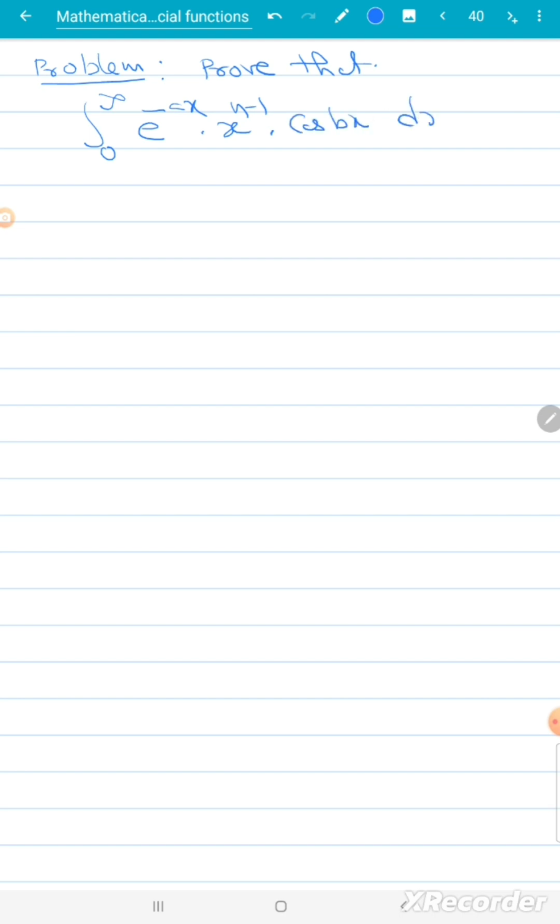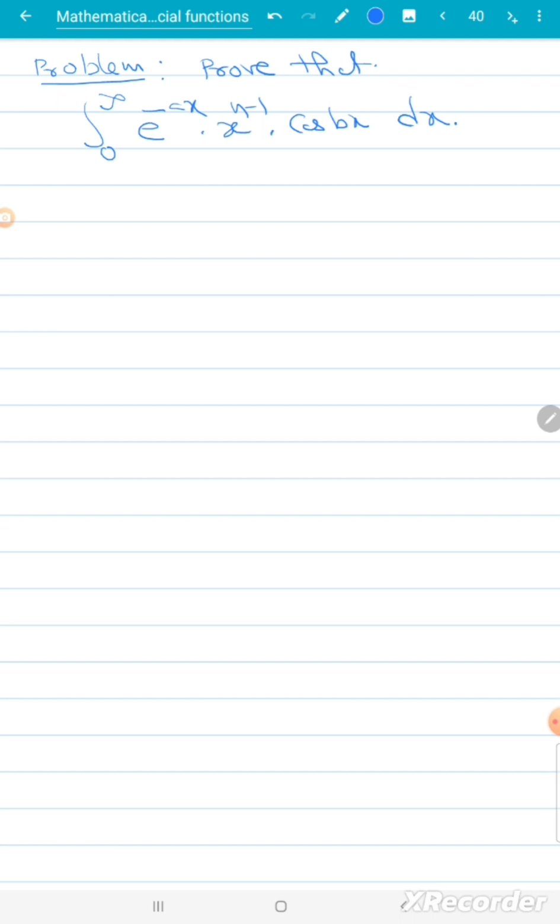Next. Prove that integration 0 to infinity e to the power of minus ax into x to the power of n minus 1 into cos bx into dx.